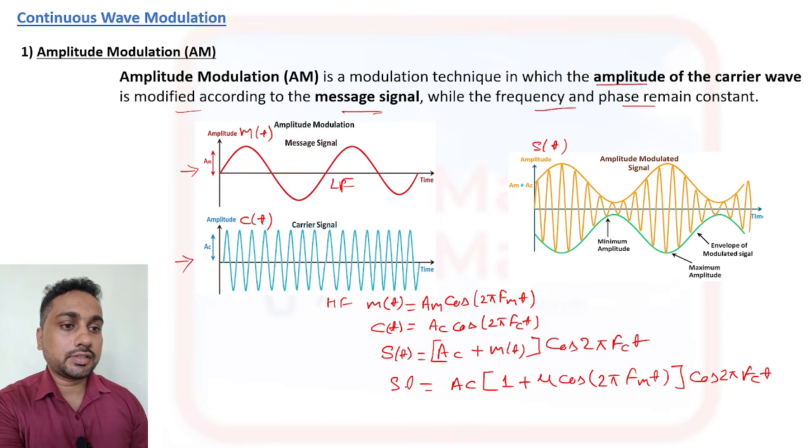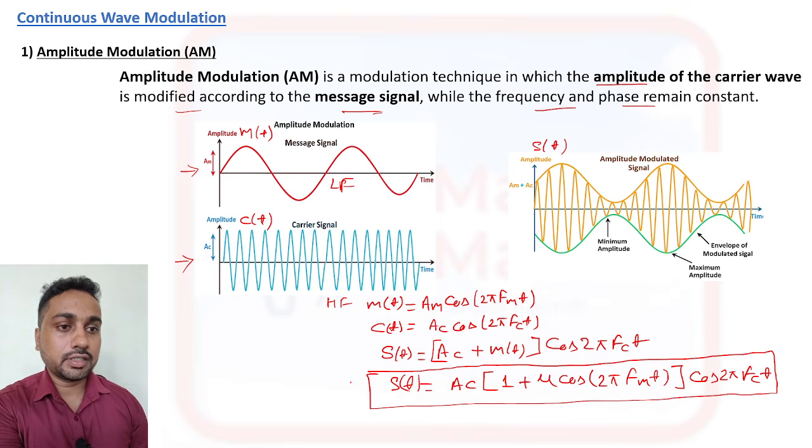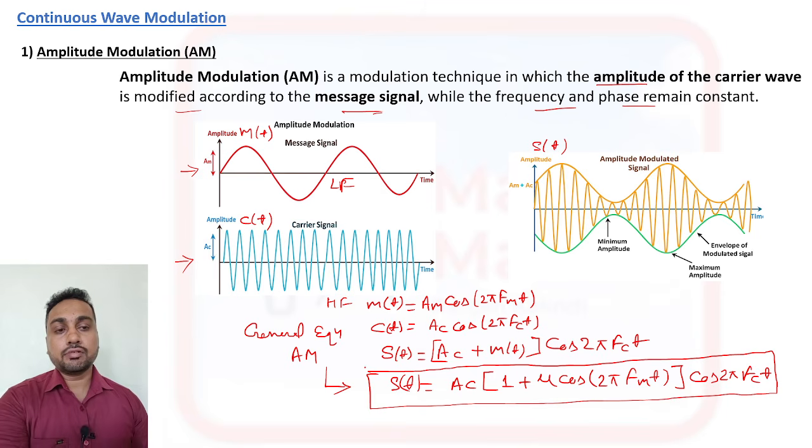This is the general or standard equation of amplitude modulation: Ac (1 + mu cos 2 pi fm t) cos 2 pi fc t.